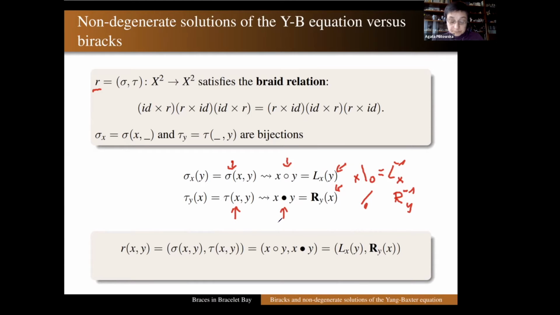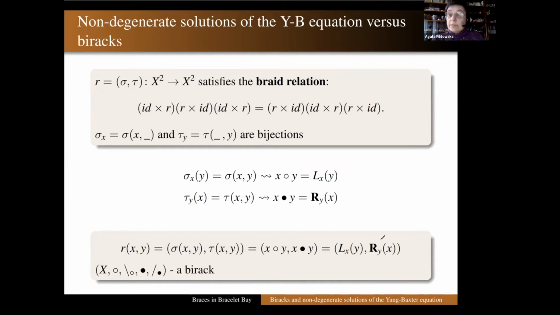So instead of the classical presentation of the solution, we can present it in the equivalent form, and at the same time we obtain a new algebraic structure with 4 binary operations, and by properties of the braid relation, they satisfy all axioms of a Birack.